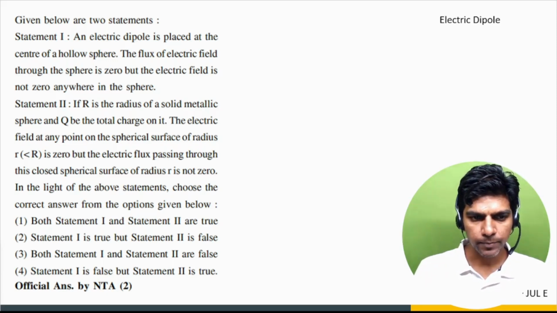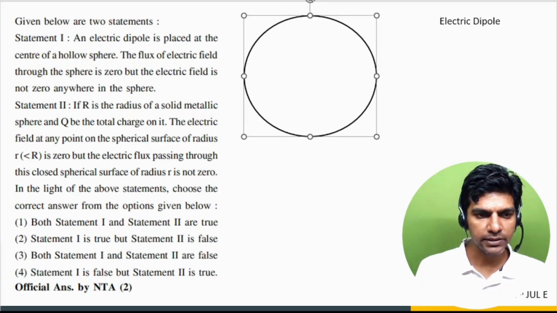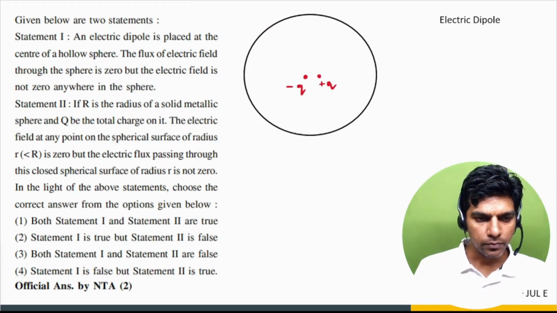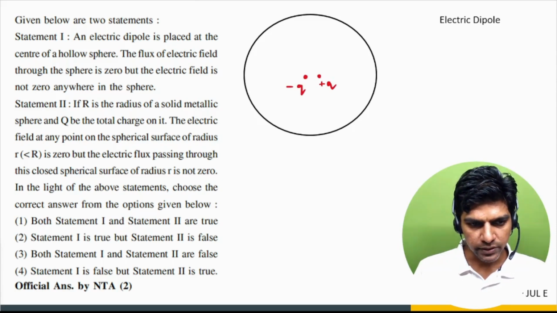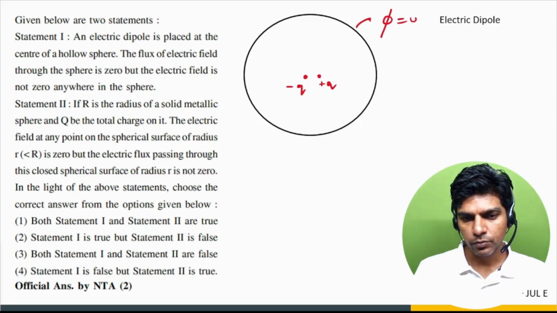So we are given a sphere, and at the center of the sphere we have placed a dipole. So this will be plus q, this will be minus q. It is saying that the electric field is not 0 anywhere on the sphere, but the flux will be 0. Yes, the flux is 0 because q enclosed is 0.